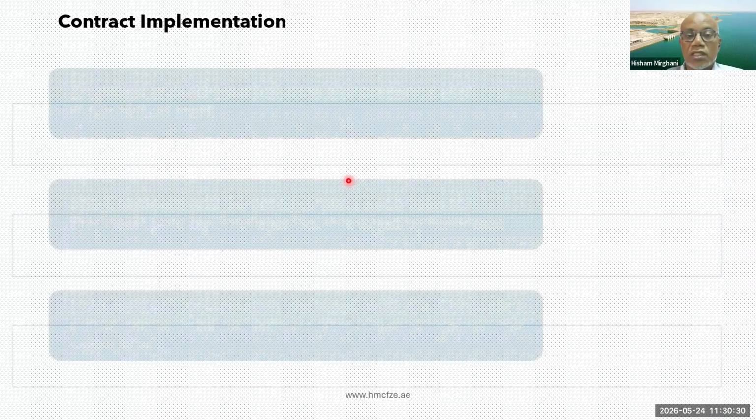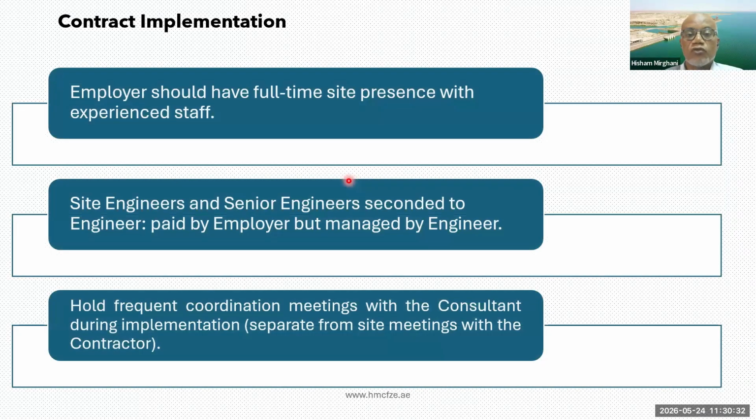And that means the employer needs to have full-time presence on the site. We had an employer's organization full-time on site of about 30 engineers, a multidisciplinary team, following the progress of the work and being the first point of contact for the engineer and for the contractor.